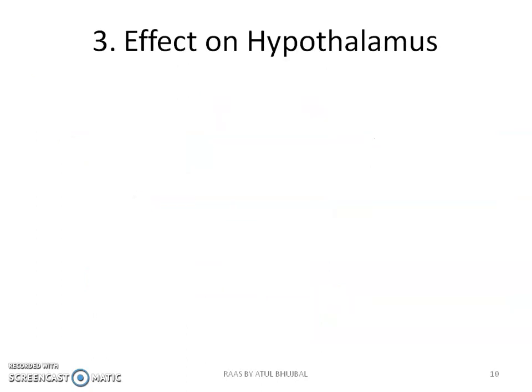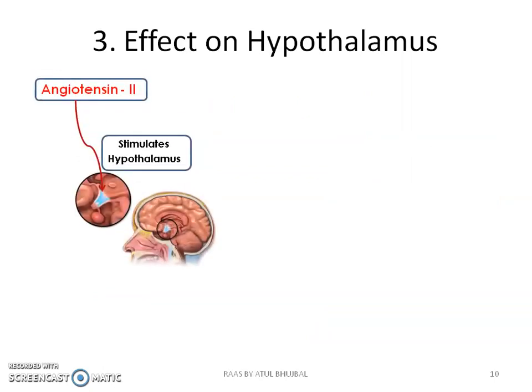Third, the effect on the hypothalamus. Angiotensin 2 is secreted and now it acts on the hypothalamus. Due to that, stimulation of the hypothalamus occurs. Due to this stimulation, there is an increased thirst feeling because the hypothalamus is responsible for thirsty and hungry feelings of the body.